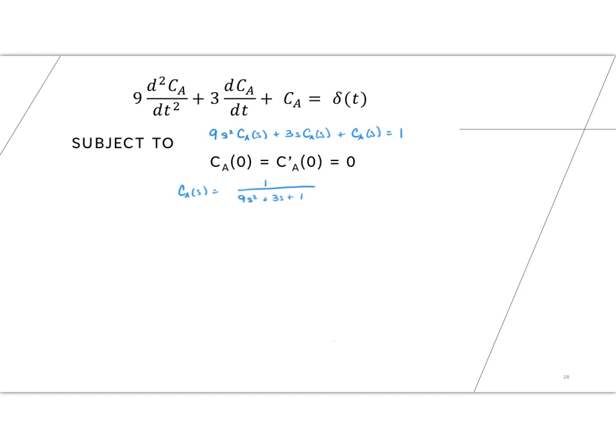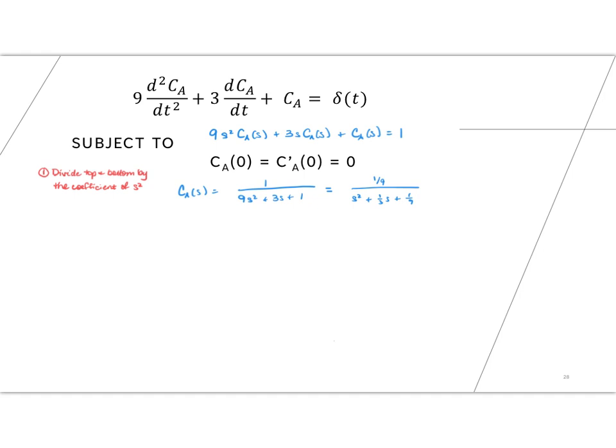To do completing the square, it is very helpful to first force a 1 in front of the s squared. In that case, this means dividing top and bottom by that coefficient, which is 9. So I get 1/3 s plus 1/9.